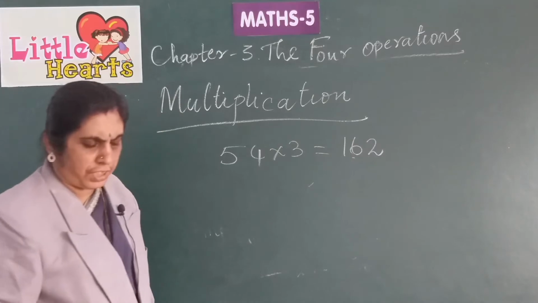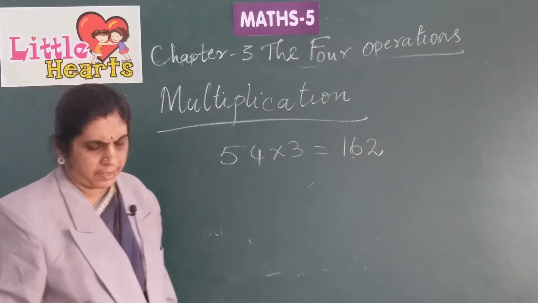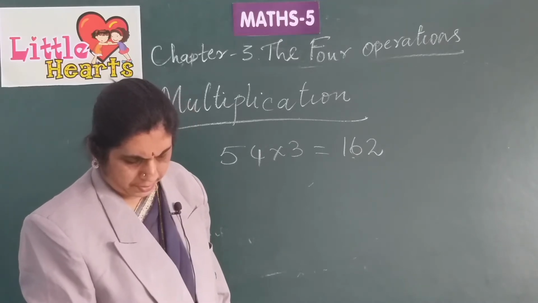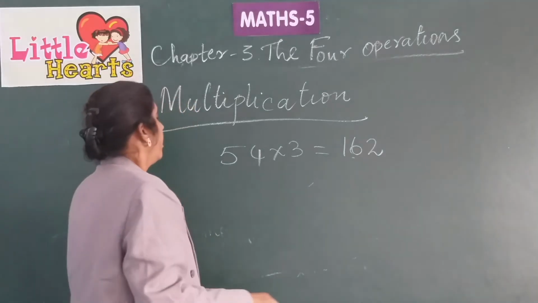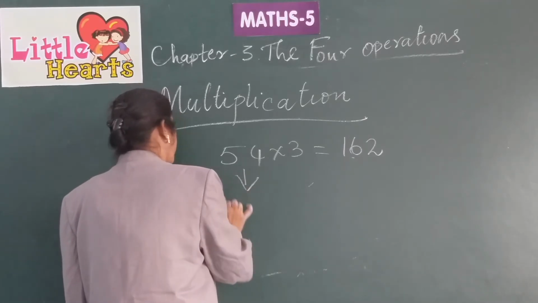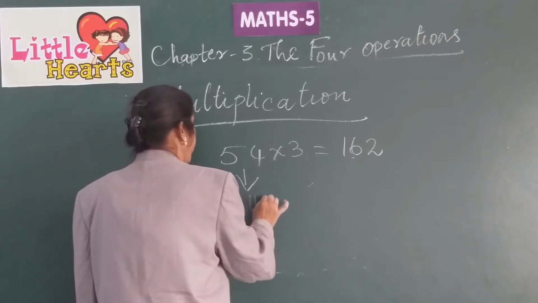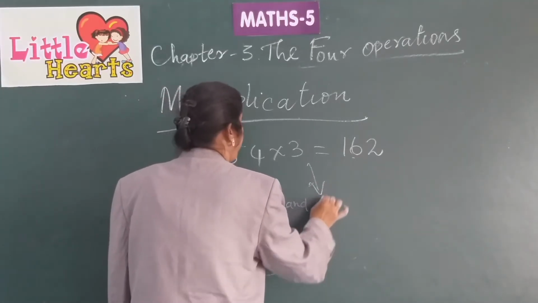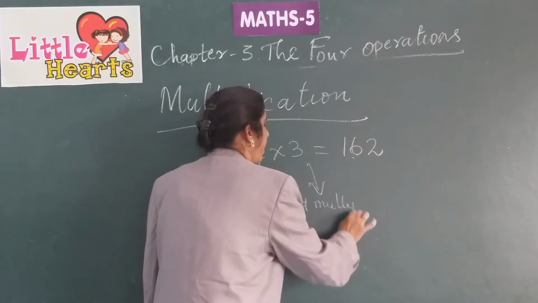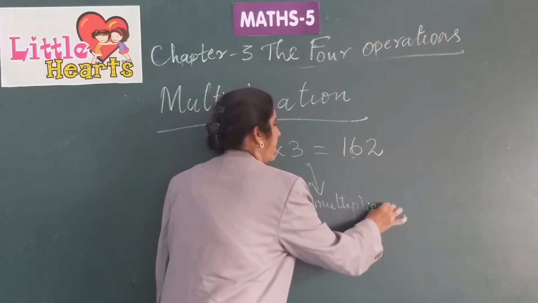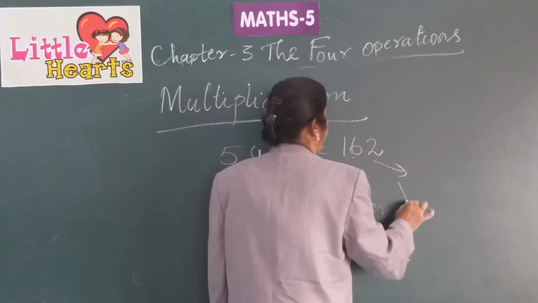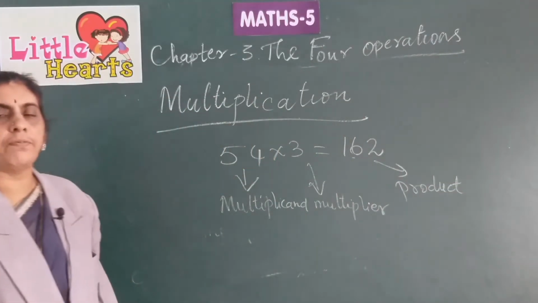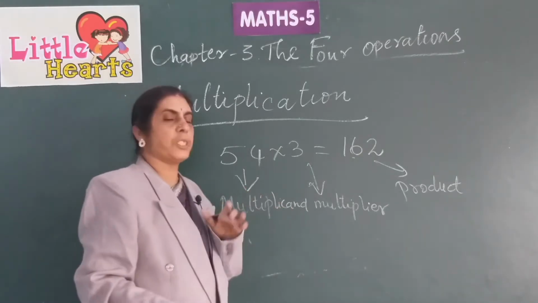The number which is multiplied is called the multiplicand, and the number by which we multiply is the multiplier, and the answer we get is called the product. The answer we get after multiplication is called the product.